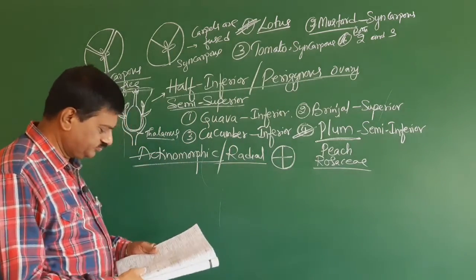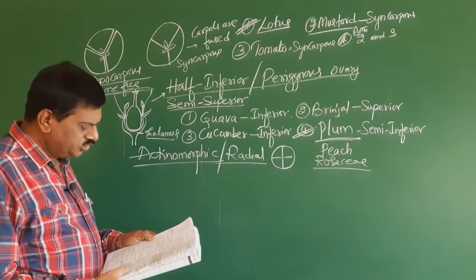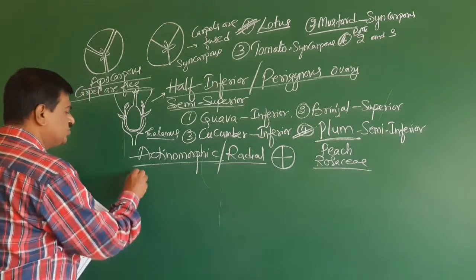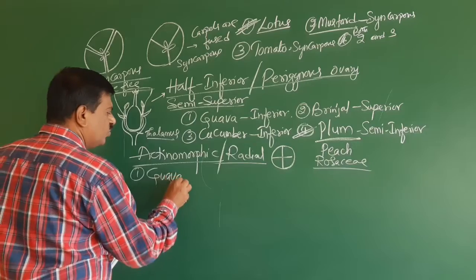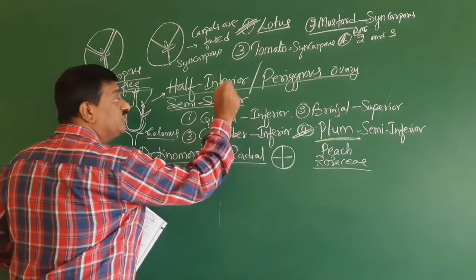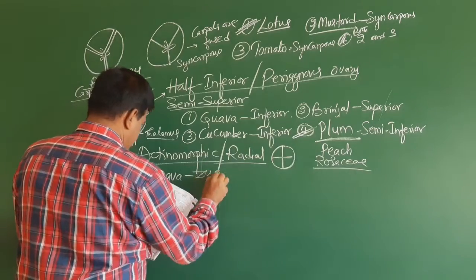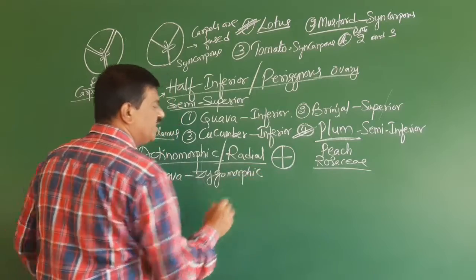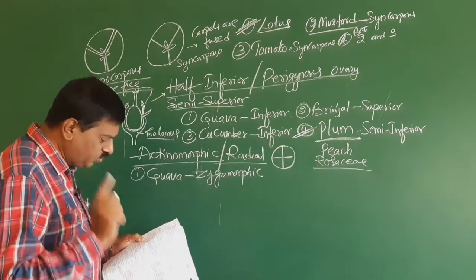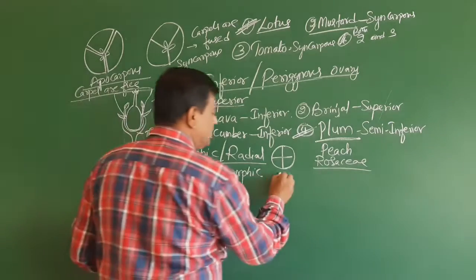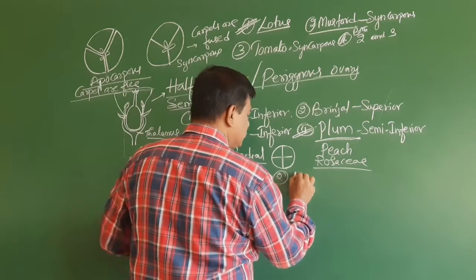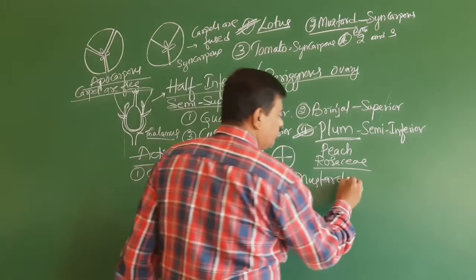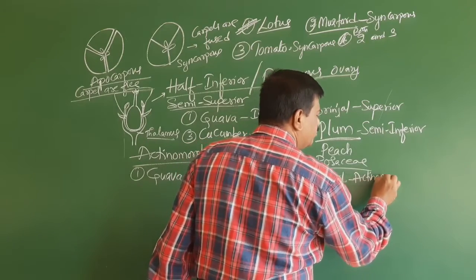Here the question is, which one shows actinomorphic symmetry? The first option is guava. Guava has, as I mentioned, an inferior ovary, but here it shows zygomorphic symmetry. Zygomorphic never gives two equal halves in every plane, but only in one plane it gives two equal halves. The second one is mustard, Brassica. Here the right answer is actinomorphic, since the flower can be cut into two equal halves.